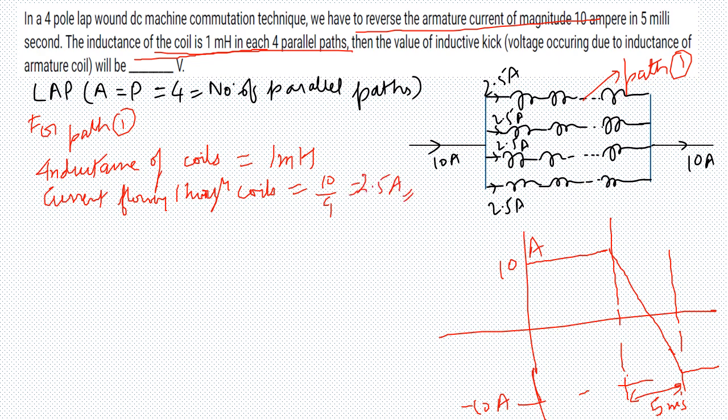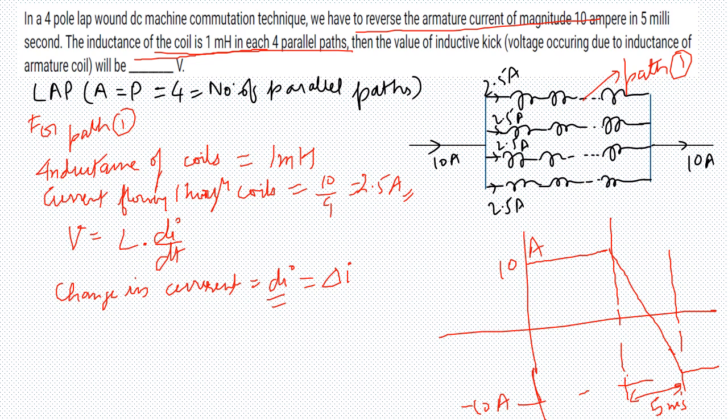And now what we know is we have to reverse the current in 5 milliseconds. So let us see. We know that voltage induced is equal to L into rate of change of current. Now 2.5 amps is flowing, so 2.5 amps has to be reversed to minus 2.5 amps. So net change in current is called di, or we can say it as delta I also.